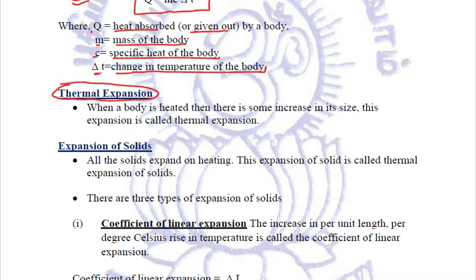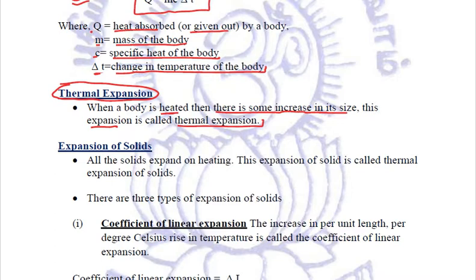Next we will talk about thermal expansion. What is thermal expansion? When a body is heated, there is some increase in its size. This increase in size, this expansion, is called thermal expansion.